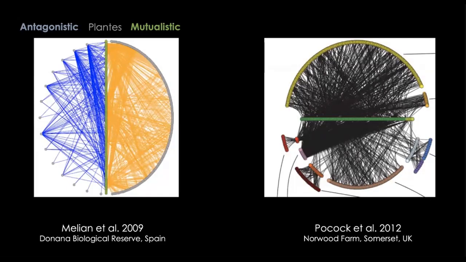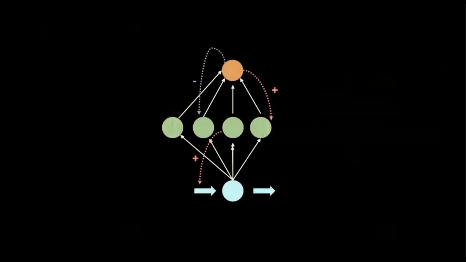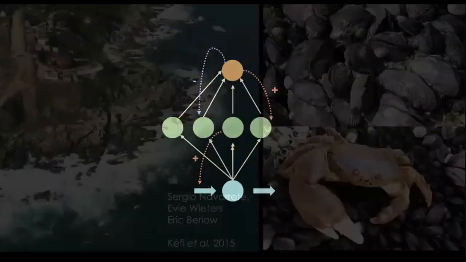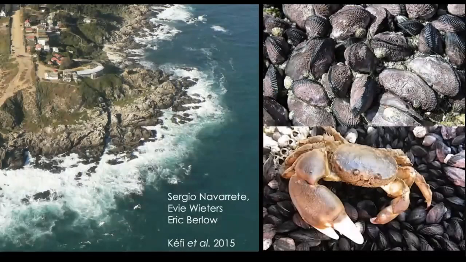So we got interested in trying to have data that would give us information about all possible interactions that exist between a given set of species. So what we call a multiplex ecological network. And this is what we tried to do with my colleagues Sergio Navarrete, Ivy Viters, and Eric Bello.